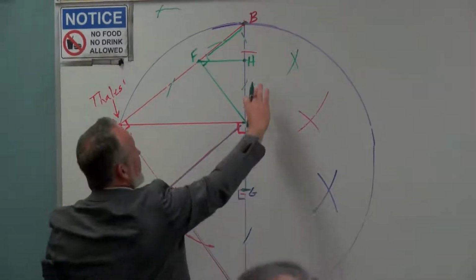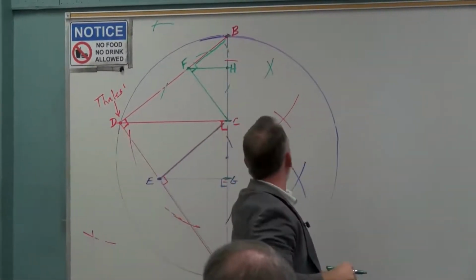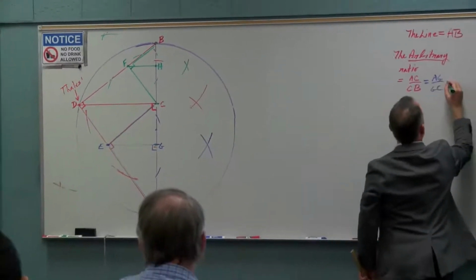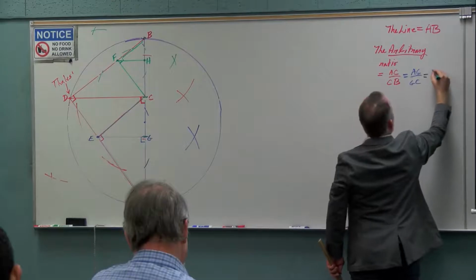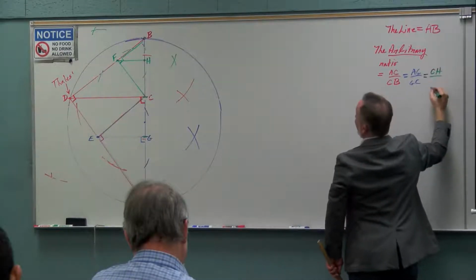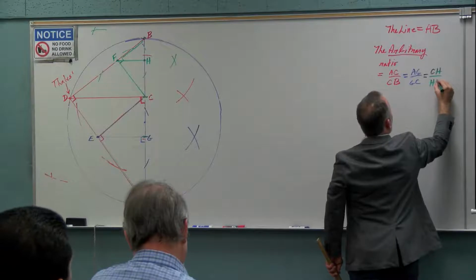So that now CH is to HB on the same arbitrary ratio. So I'll put it in here, to HB.